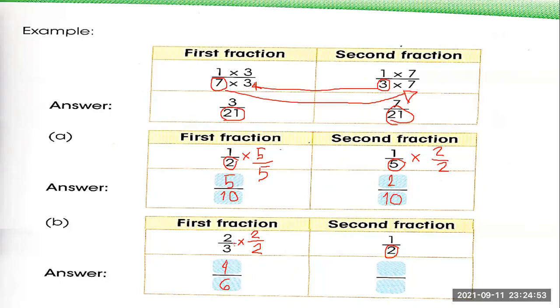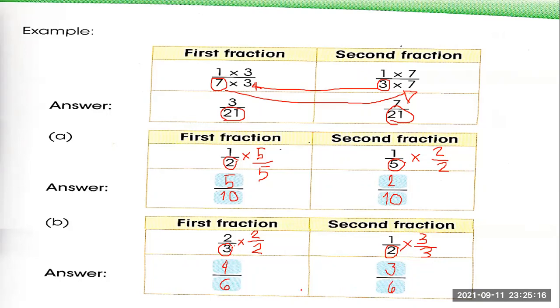Okay, so we need to identify that the first fraction's denominator is 3. So we need to multiply this by 3. Okay, there you go. So 1 times 3 is 3, and 2 times 3 is 6.